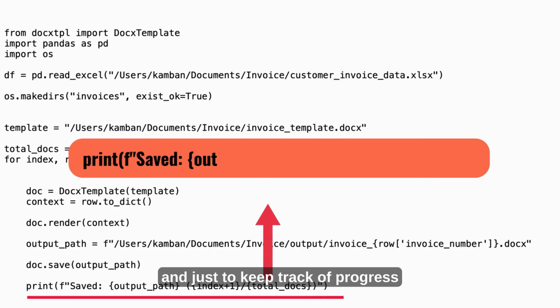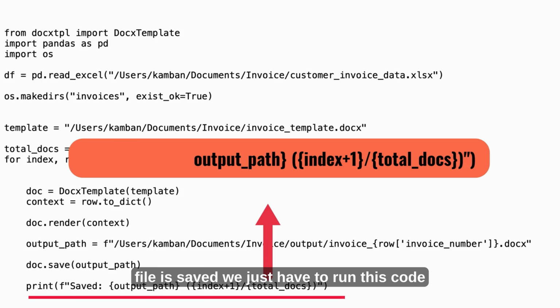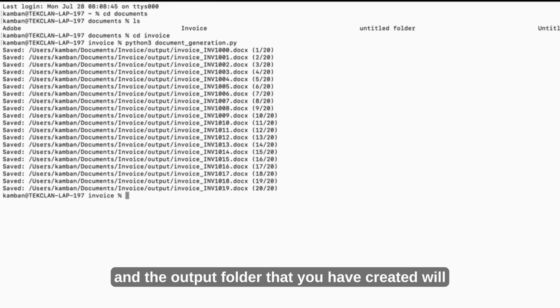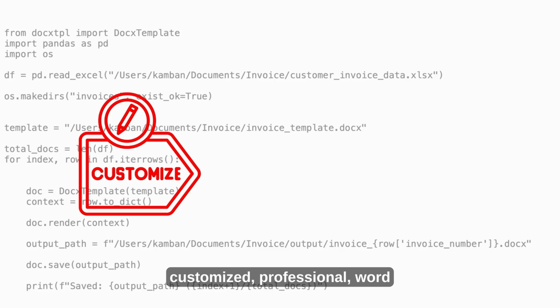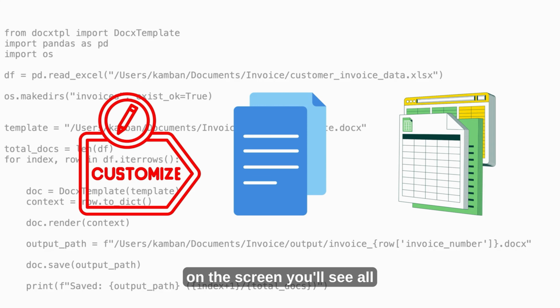And just to keep track of progress, we print out a message each time a file is saved. We just have to run this code and the output folder that you have created will now have all the generated documents. With this, you're generating fully customized professional Word documents for every customer record in your Excel file.